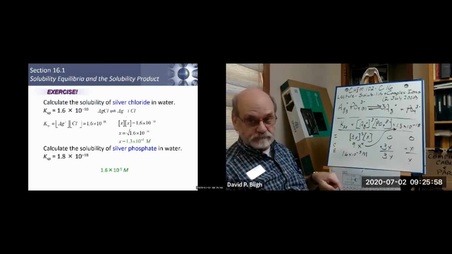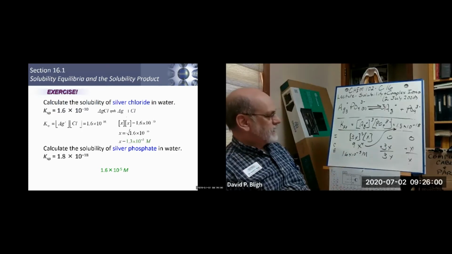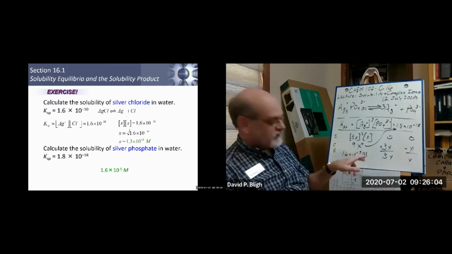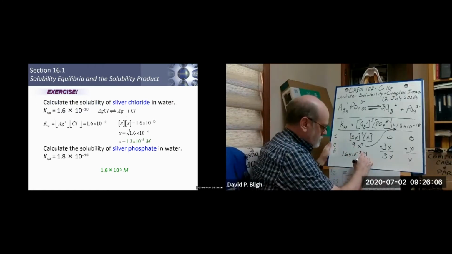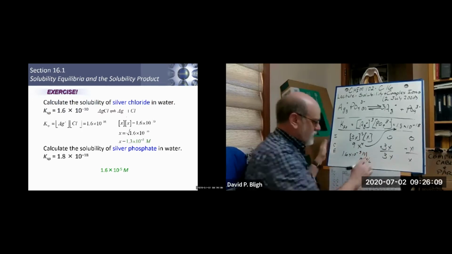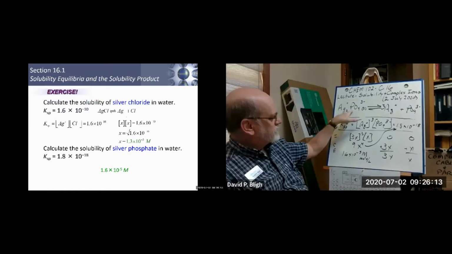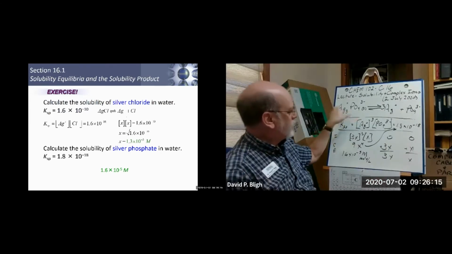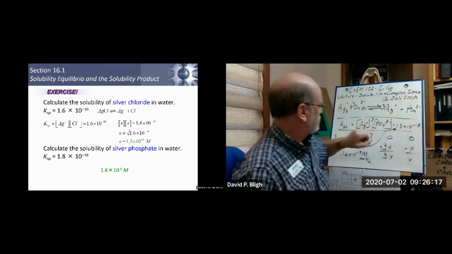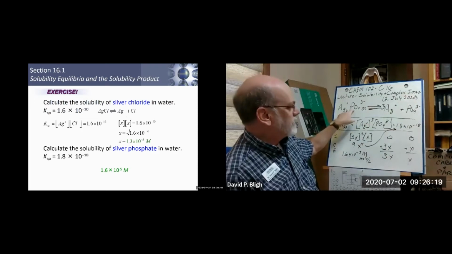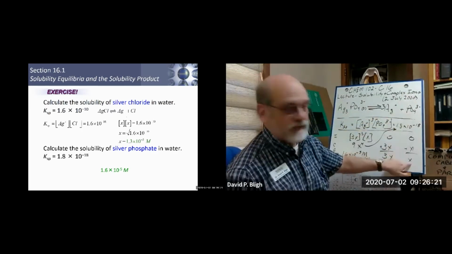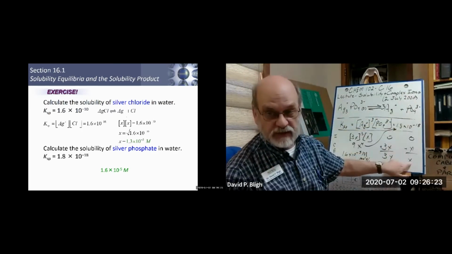Okay. Now, we can say that it's that many moles of this because of the ratio of this to that, right? There's one of them here, there's one of them there, so that X value is the solubility.